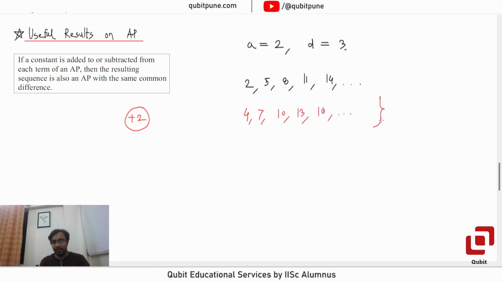That is also an AP. The first term has changed. The first term here is the original first term plus the number that we chose. But did the common difference change? No, it did not. The common difference remained the same, and it is going to remain the same no matter what number you choose. You can choose either a positive number or a negative number. So that is the first result. You may already know it.